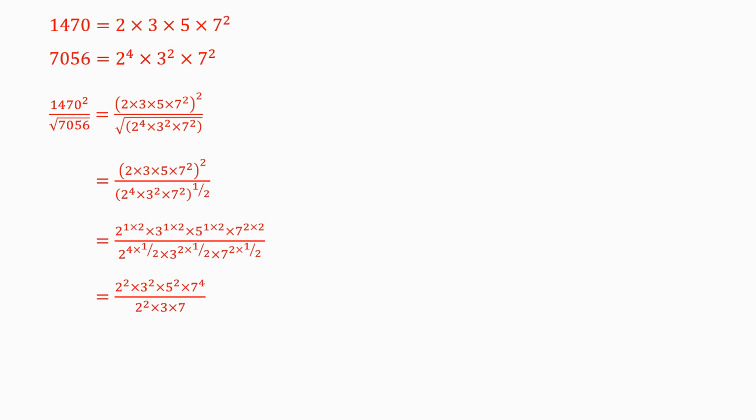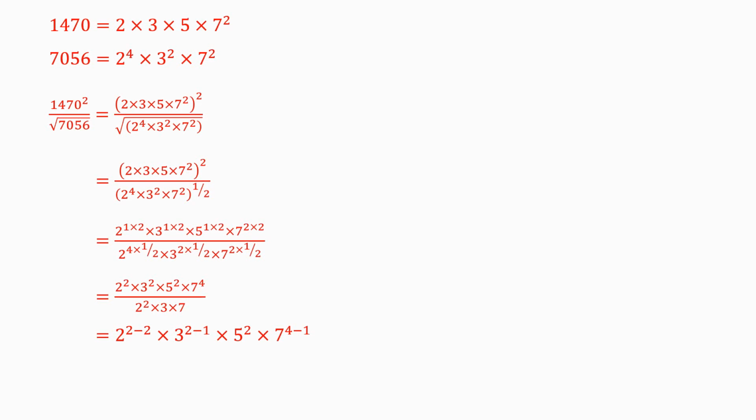Then since it's a division, we subtract the powers, or in some instances you can cancel out, but we shall use the means of subtracting the powers. So we have 2 raised to 2 minus 2, which is the power of the denominator.